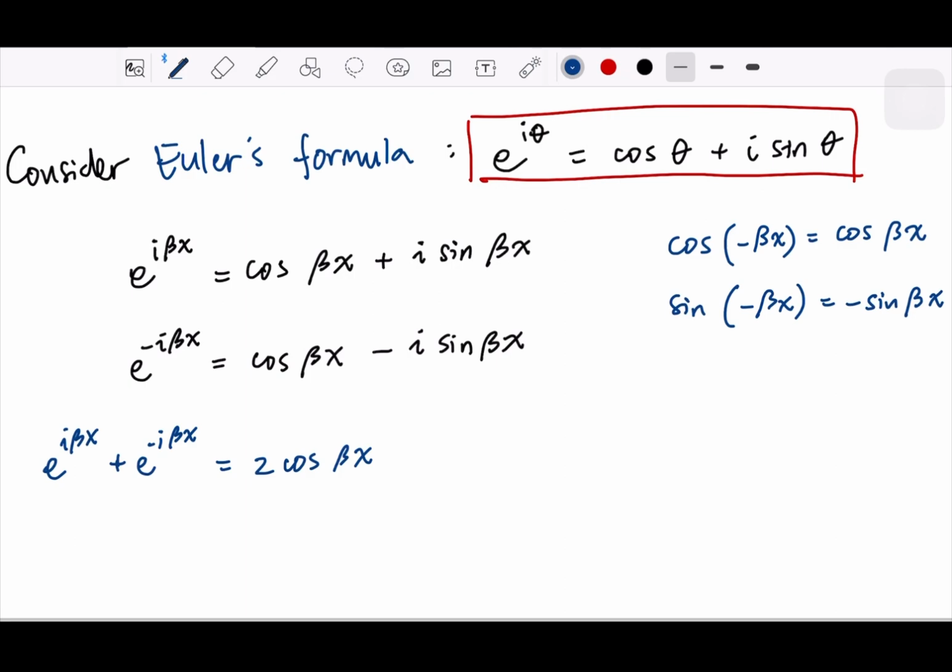And if we minus this, minus is plus i, so 2i sine beta x.